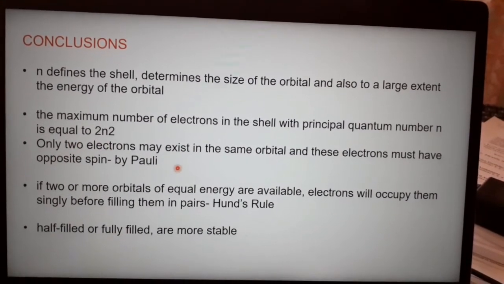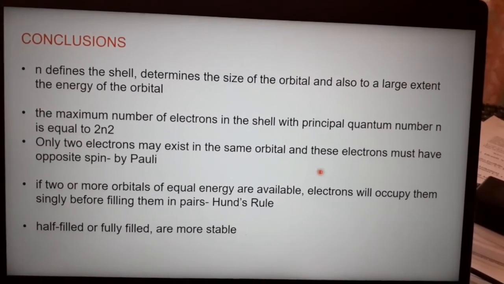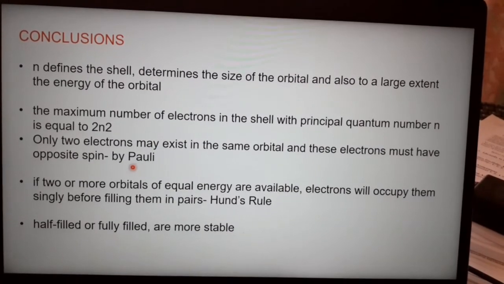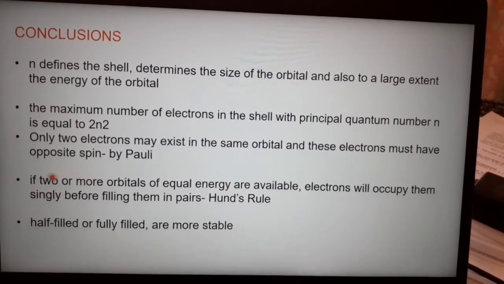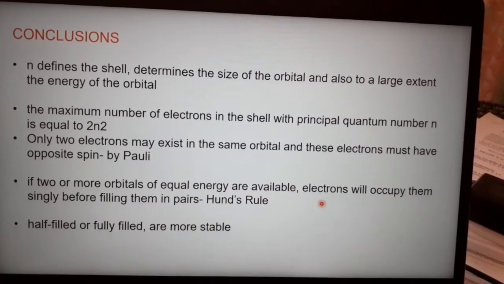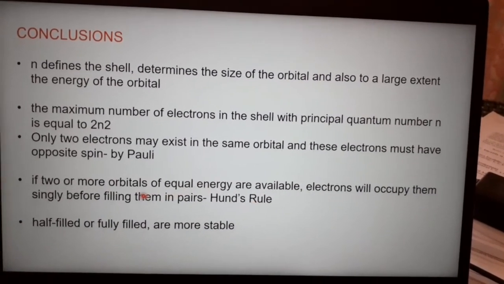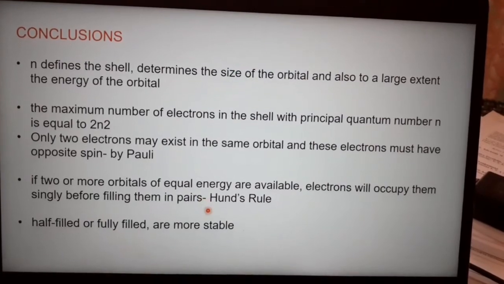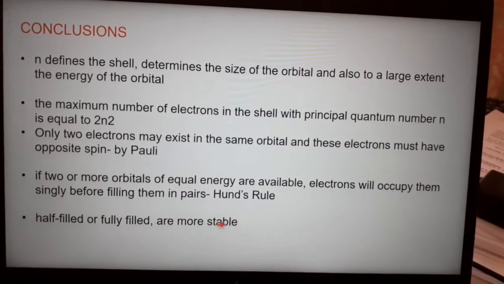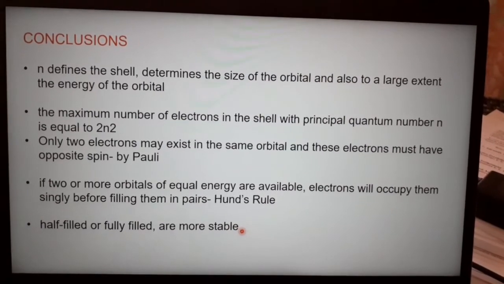Only two electrons may exist in the same orbital and these electrons must have opposite spin, by the Pauli exclusion principle. If two or more orbitals of equal energy are available, electrons must occupy them singly before filling them in pairs, by Hund's rule. Half-filled and fully filled configurations are very stable.